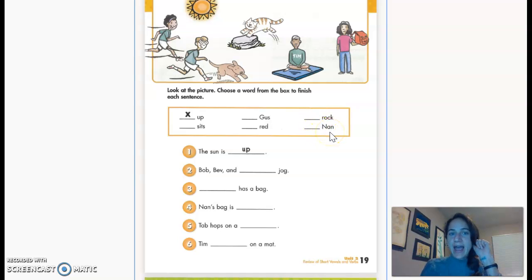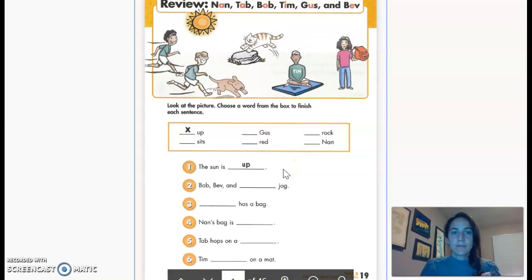A, like Nan. Here. The sun is up. Bob, Bev, and Gus jog. Bob, Bev, and Gus jog.